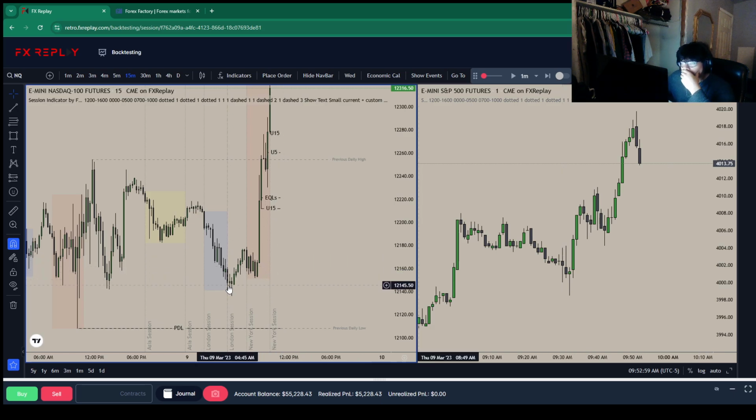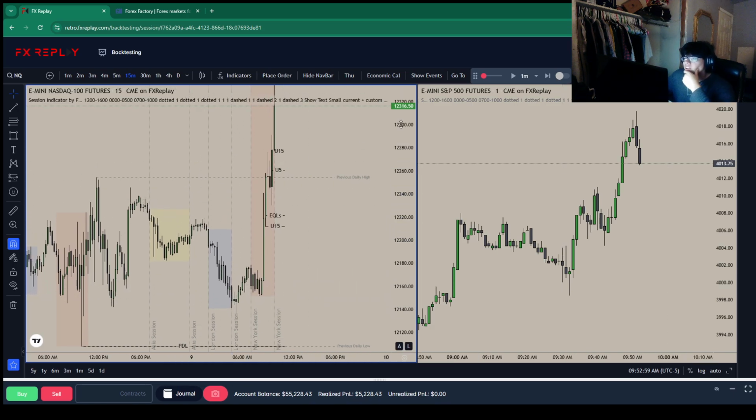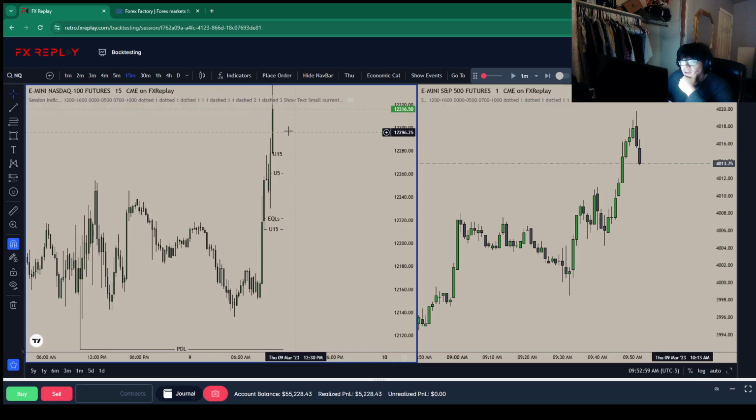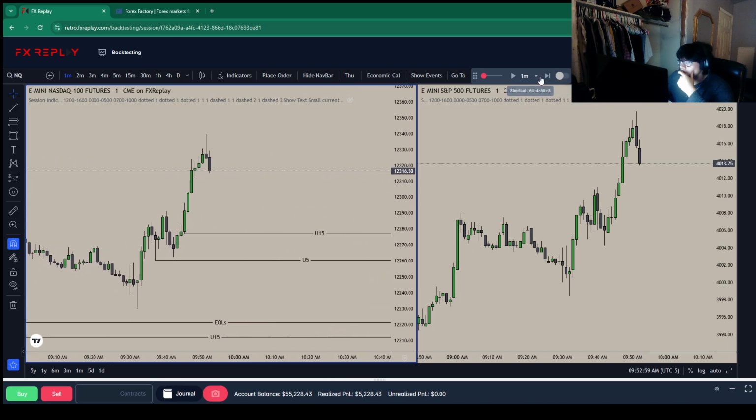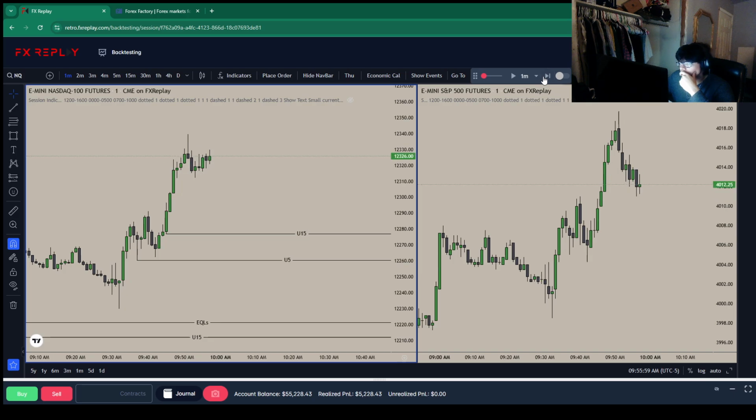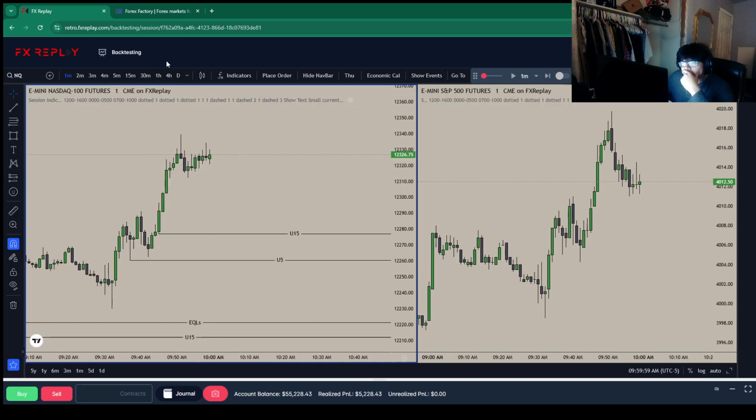So yeah, London, Asian lows, Asian highs are all around, so don't worry about that. Unfilled 15 potentially. Yes, get unfilled 15 here.